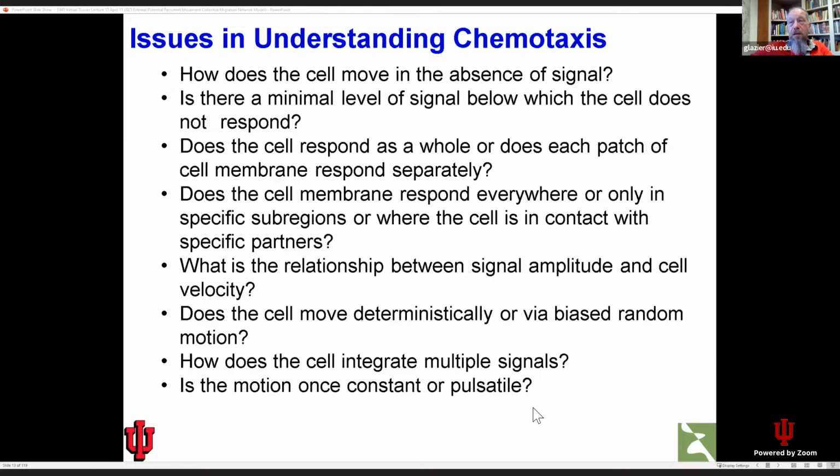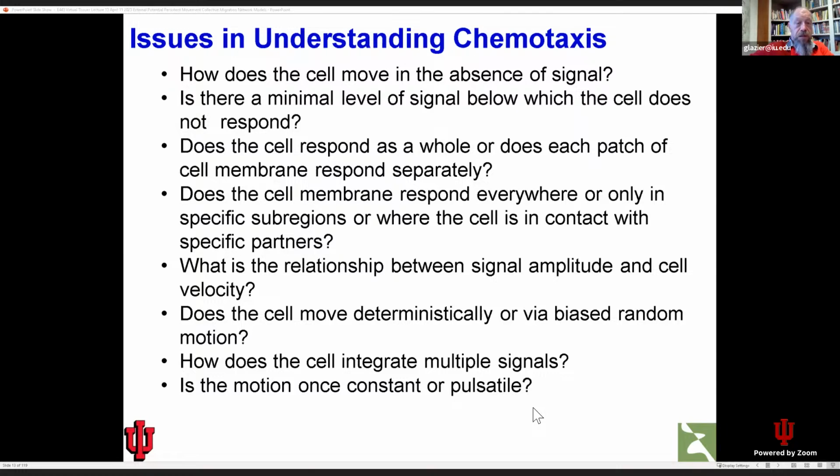How do cells combine multiple potentially conflicting signals? And in the case of things like dictyostelium, which we saw a video of, dictyostelium move in a pulsatile way. For a constant concentration of chemical, they'll typically move, stop, move, stop, move, stop.